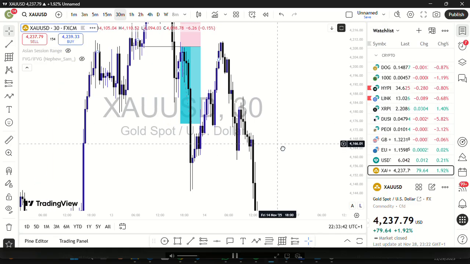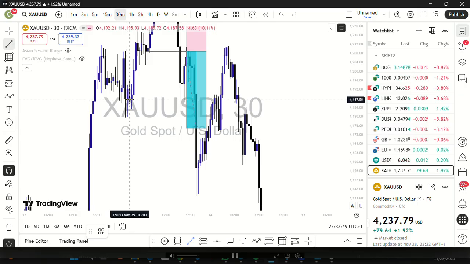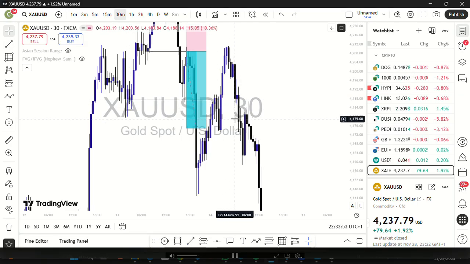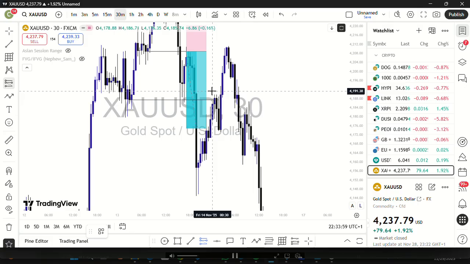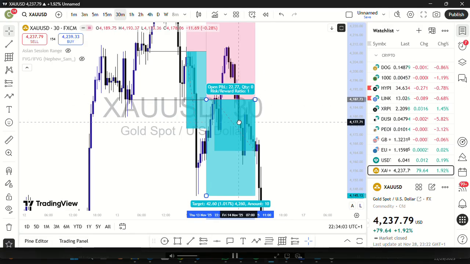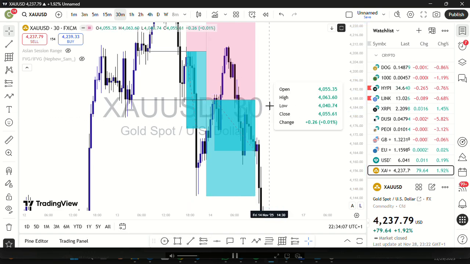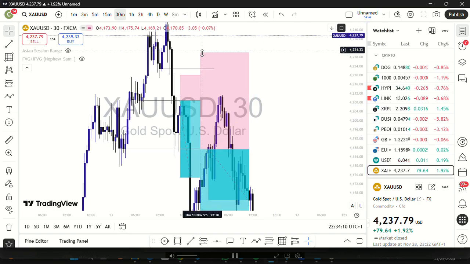Now I won't be telling you guys how to spot valid and invalid resistance that becomes supports, because that one I want to reserve for people in my mentorship. Yeah, so this, for instance, is another one, but this didn't play out well that day. I entered upon this. I targeted a 3 hour.